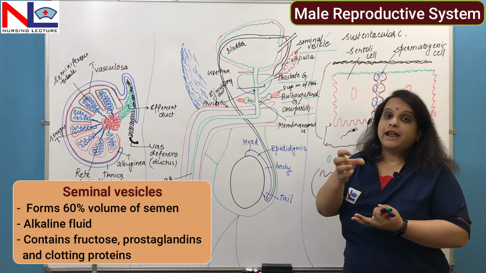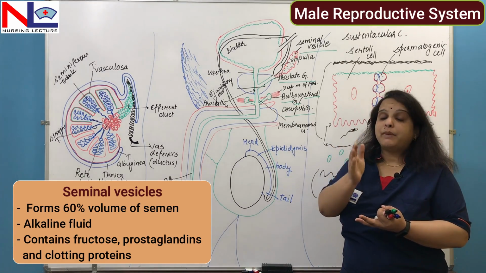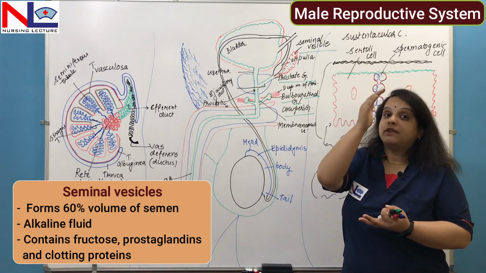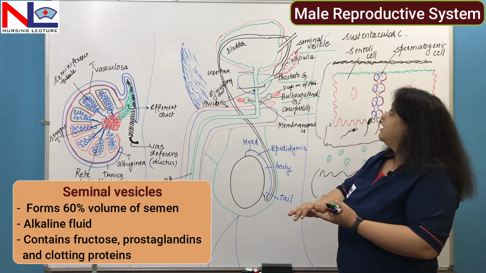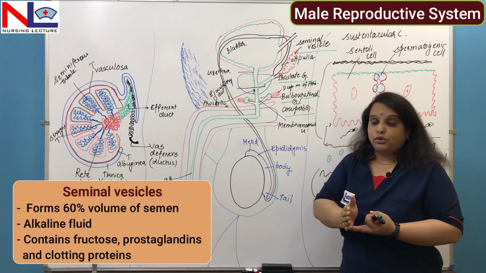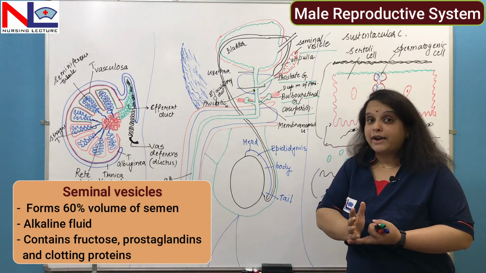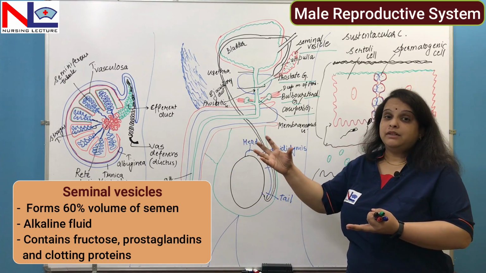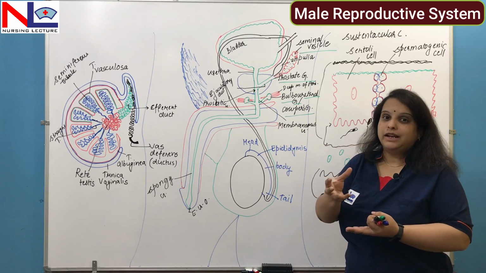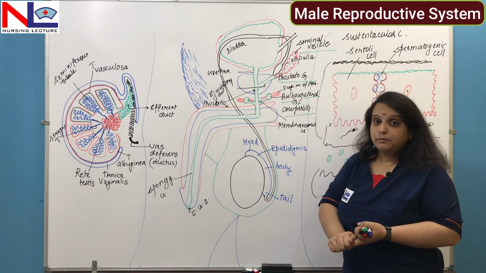This prostaglandin helps in smooth muscle contraction of the uterus, so thereby the sperm reaches the fallopian tube for fertilization. Okay, and the clotting proteins are responsible for coagulation. So once ejaculation takes place, the semen becomes coagulated and thick with the help of clotting proteins.